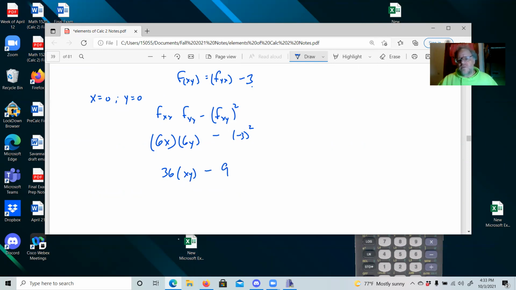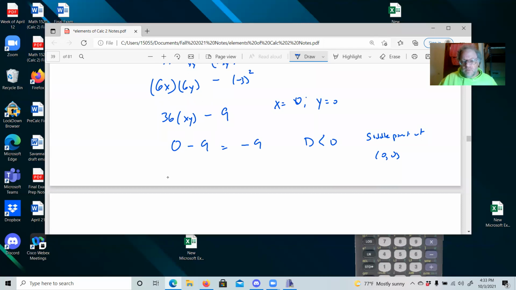With x equals 0 and y equals 0, if I plug that in, we get 0 minus 9. My determinant is going to be less than 0. So we have a saddle point at 0, 0.